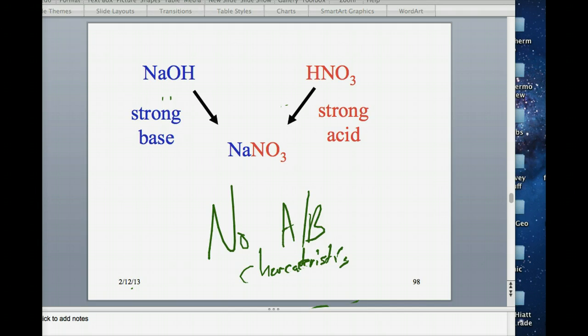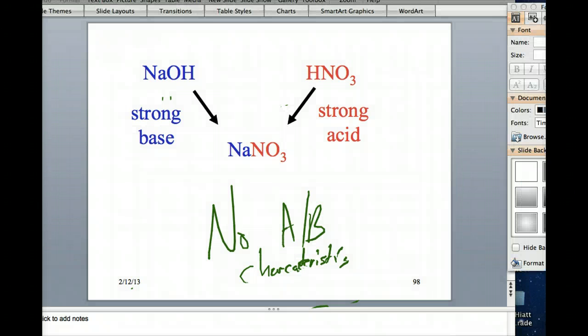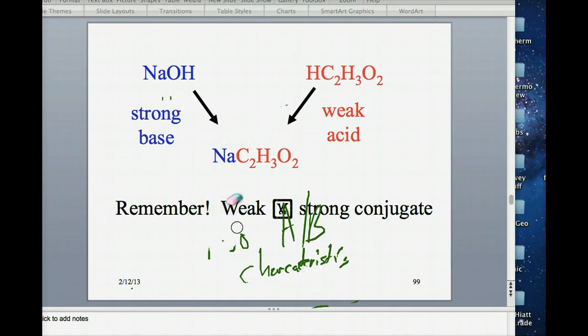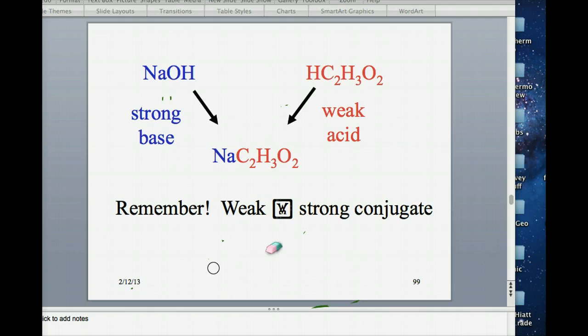All right, next up, sodium acetate. Now we actually have something we can work with. Sodium, again, the alkali and the alkaline earth metals you can visualize coming from the hydroxides, which are strong. The acetate comes from acetic acid, which is a weak acid. So sodium acetate will actually have basic characteristics.